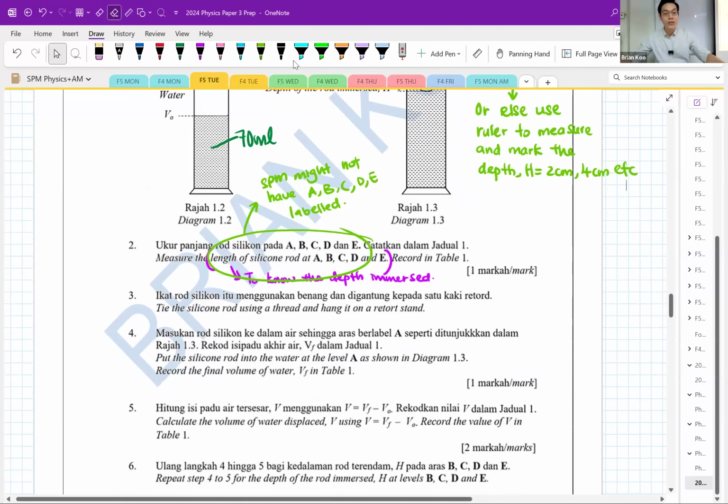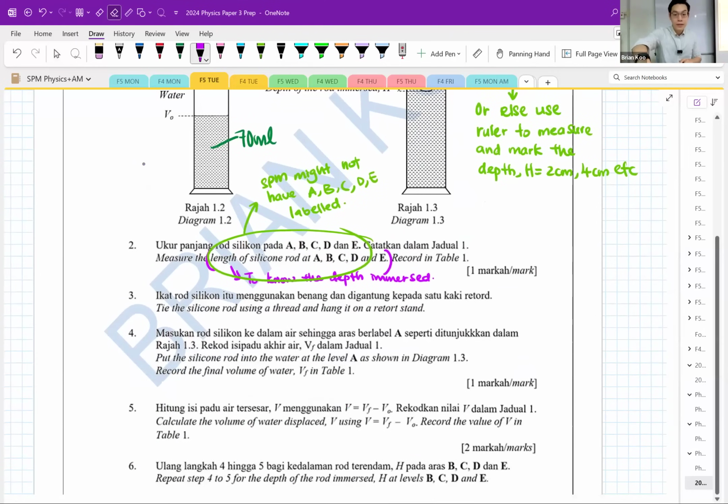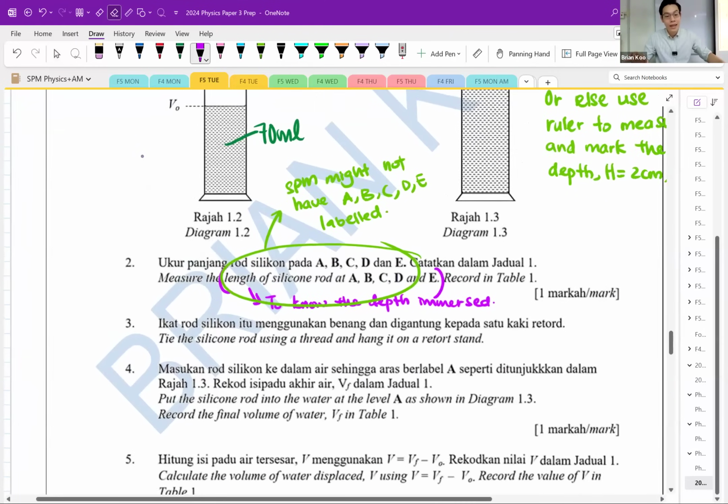Then tie the silicon rod using a thread. If you don't have thread, then they might use string, same stuff. Okay, hang it on the retort stand.